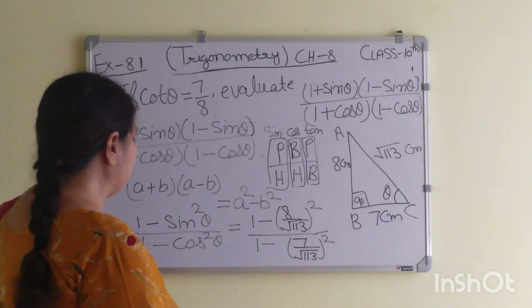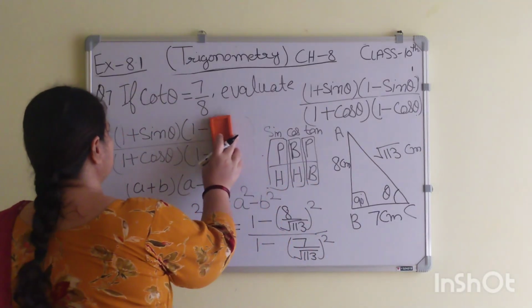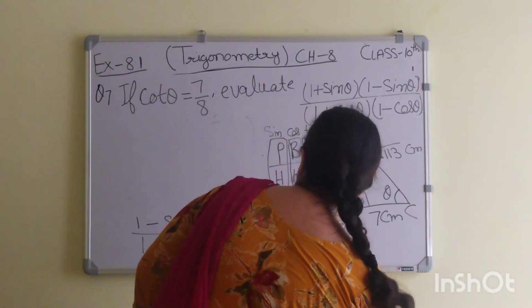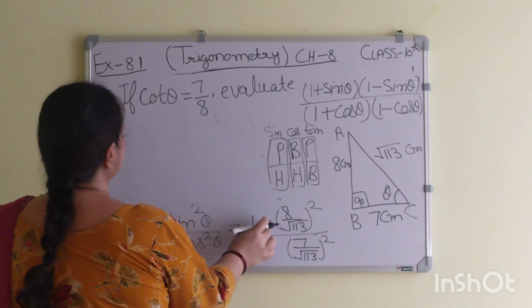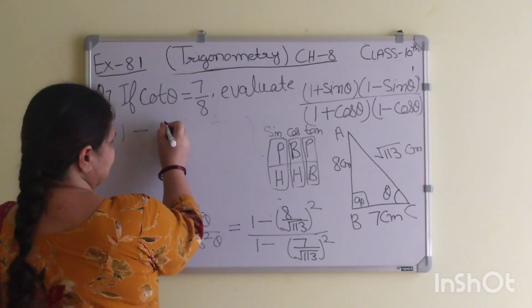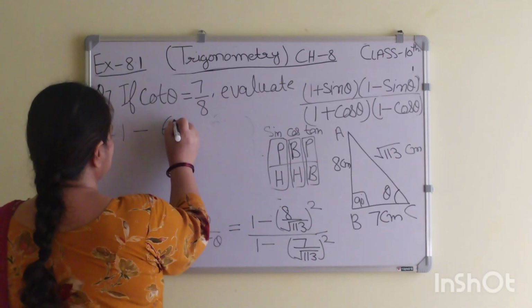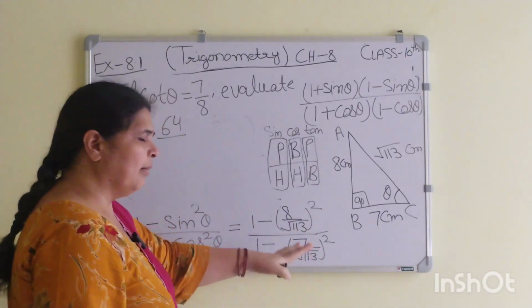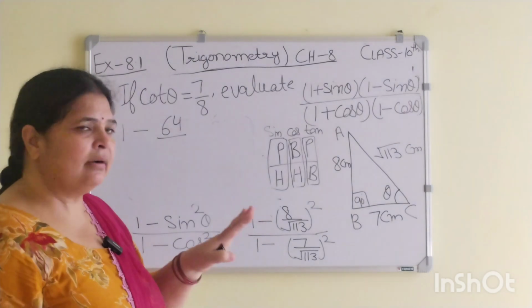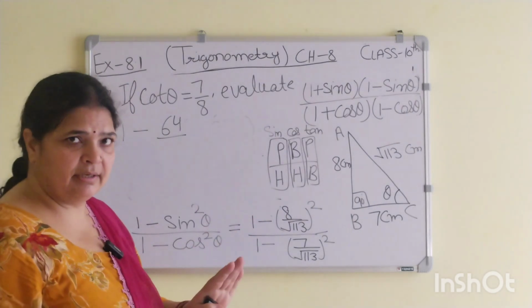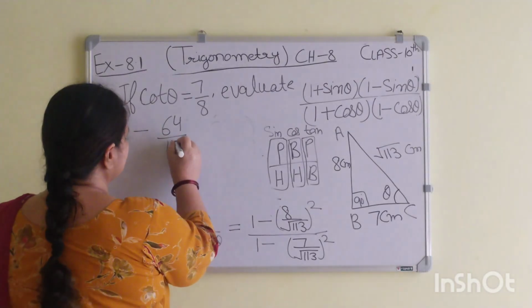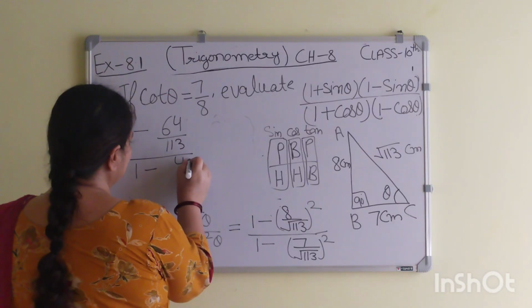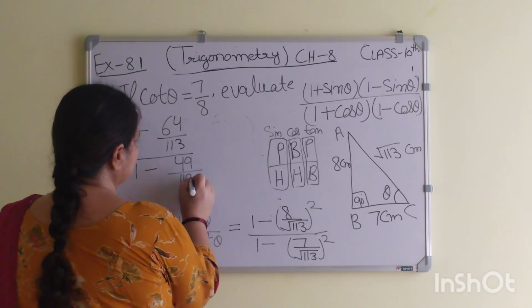Okay, students. Now here, 1 minus 64 upon root 113 multiplied by root 113 will be equal to 113, so 1 minus 64 upon 113, and 1 minus 49 upon 113.